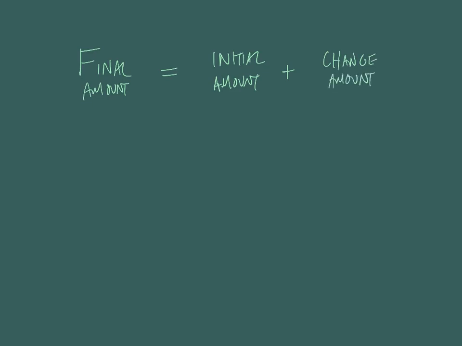So before today, I think you knew that a final amount of something would always be equal to an initial amount of something plus the change amount. And these amounts are about the same something or other.